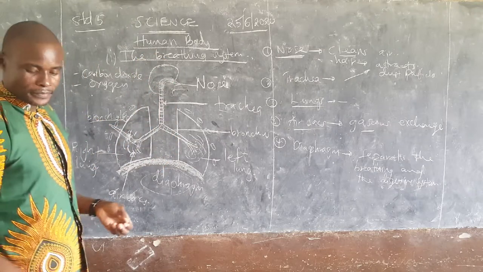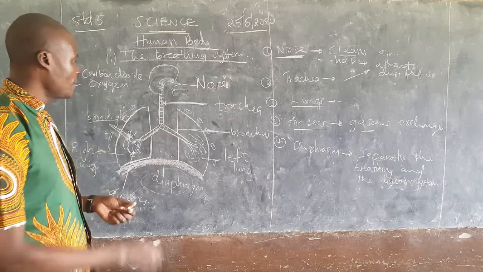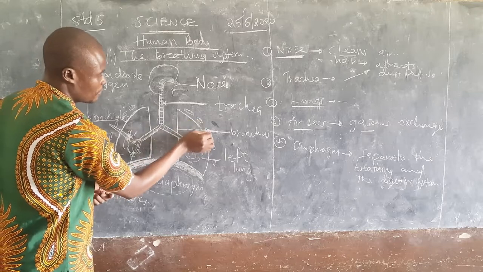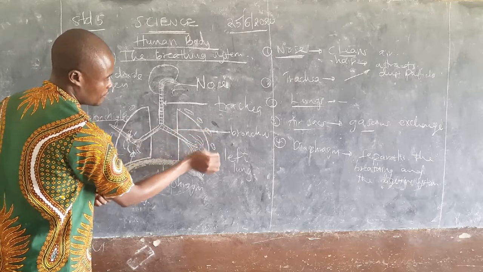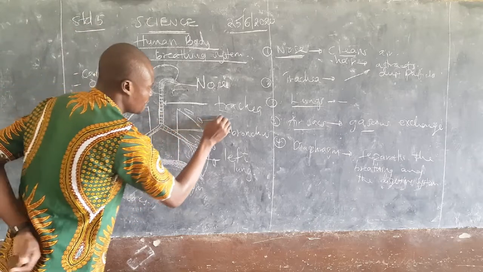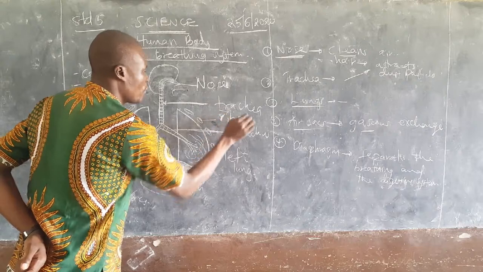So after drawing it and naming the parts, there's one part that I have not named here, but I've drawn them in terms of some ovals. These ones are the ribs, and we are going to see how they behave when we breathe in.